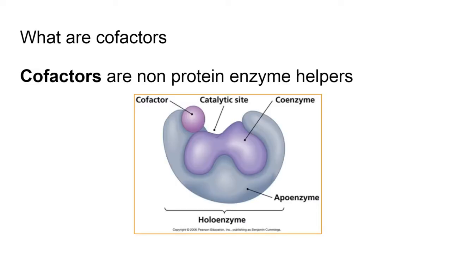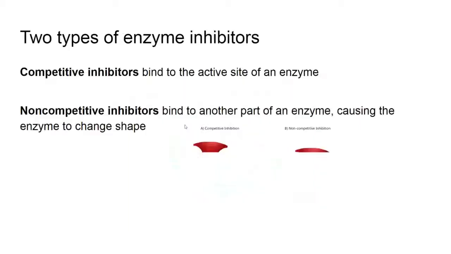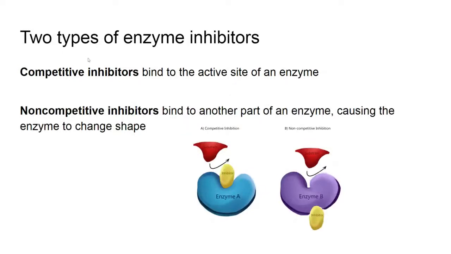So what are cofactors? Cofactors are non-protein enzyme helpers. They can help speed up enzymes. There are two types of enzyme inhibitors. We have competitive inhibitors, which bind to the active site of an enzyme, and then we have non-competitive inhibitors, which bind to another part of an enzyme, causing the enzyme to change shape, which will not allow the substrate to go in.